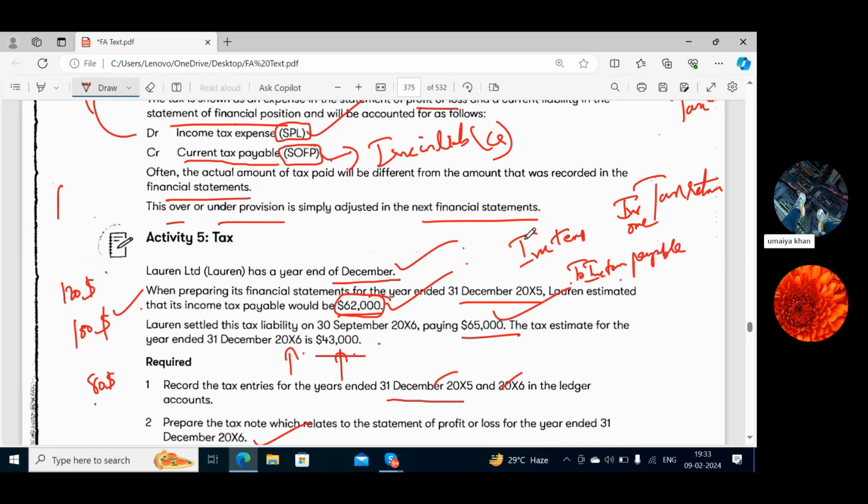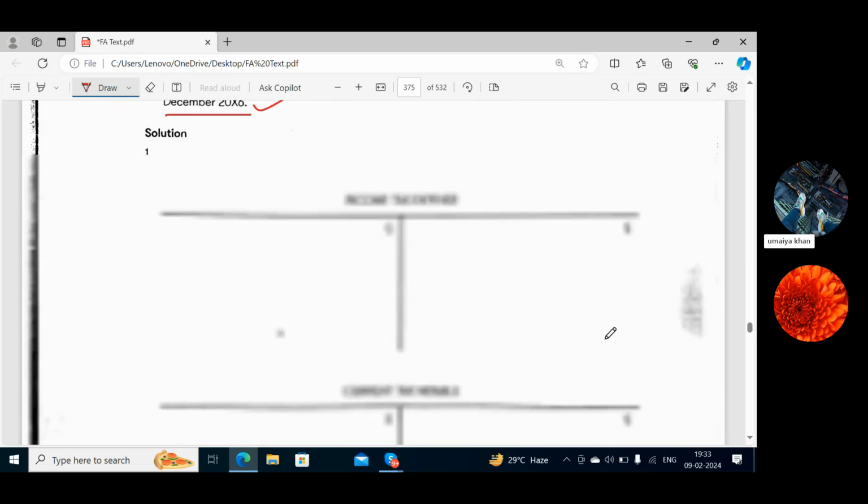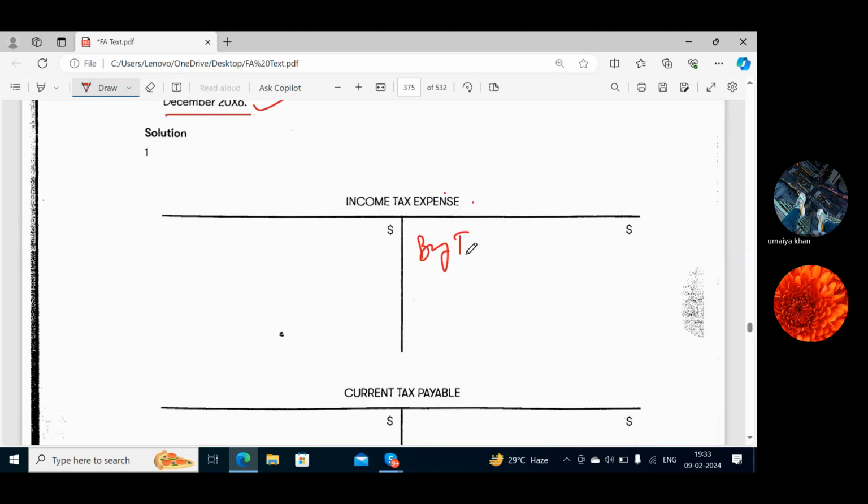So in income tax payable, it will be by income tax expense, 62,000. Now, this is for the year 2005, and we don't have any other figures for this, so we will close this account. Okay, we will balance carried down.